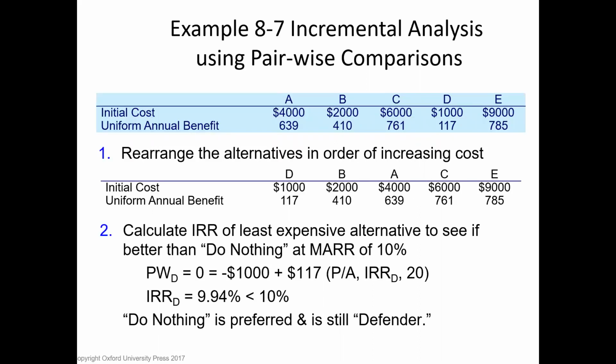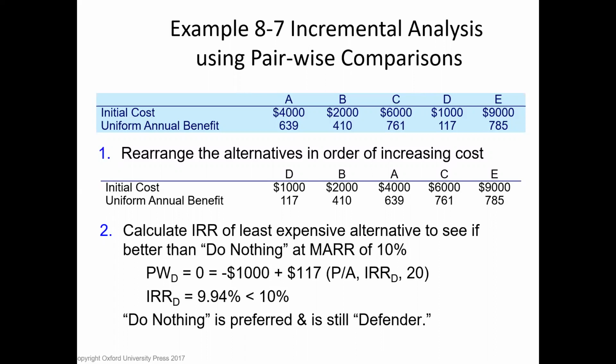Here's an incremental analysis using pairwise comparison. Several alternatives could be machines that vary in initial costs as well as the annual benefits, right?